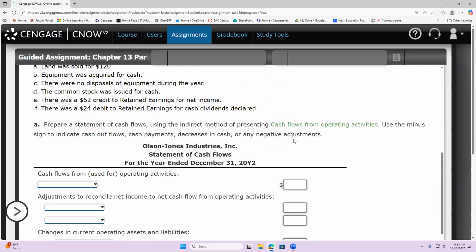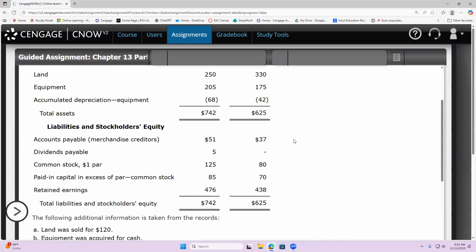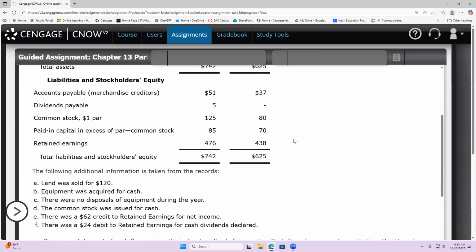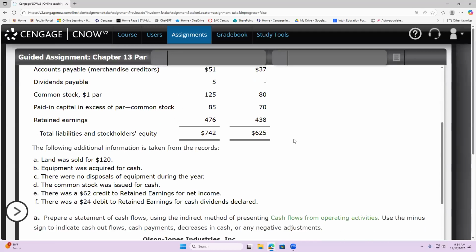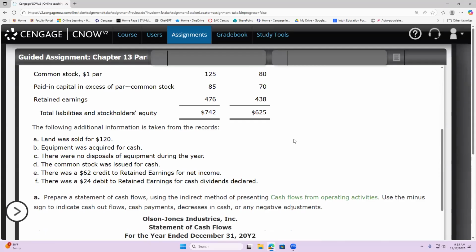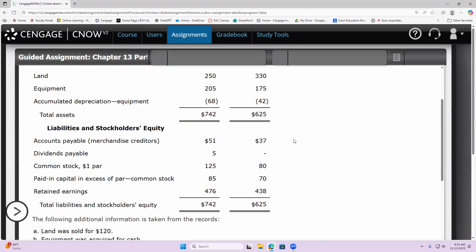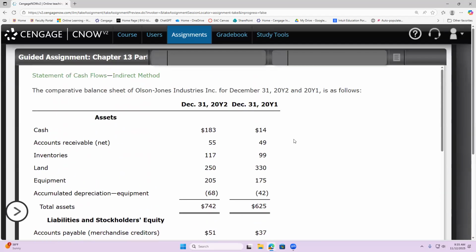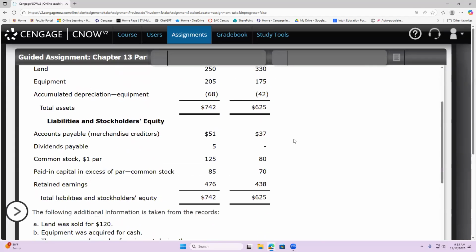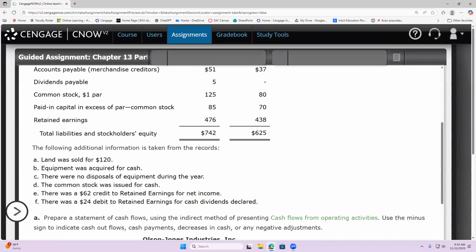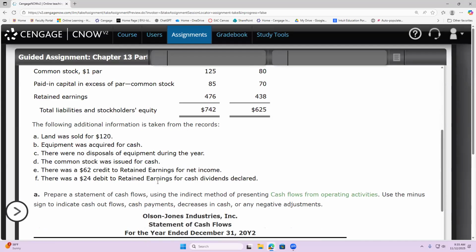All right. So step one, let's start with our net income. Does it tell us anywhere what the net income was? That would be helpful. Equipment, common stock, retained earnings.